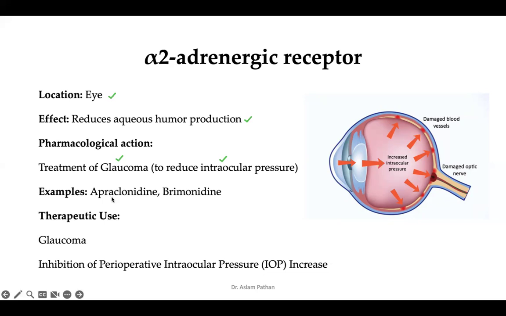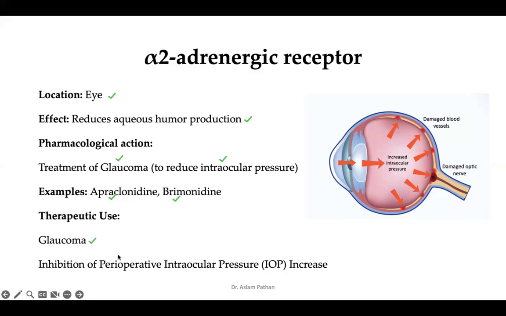The examples of drugs are apraclonidine and brimonidine. The therapeutic use is in the treatment of glaucoma, where intraocular pressure is already increased, and our goal is to decrease it.